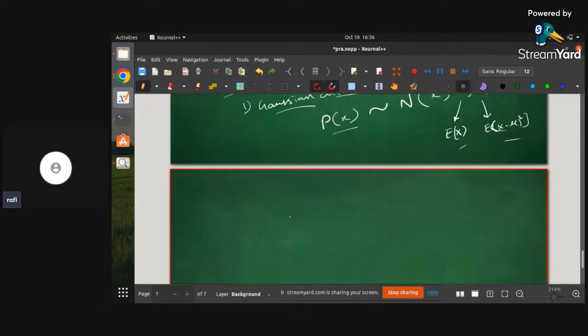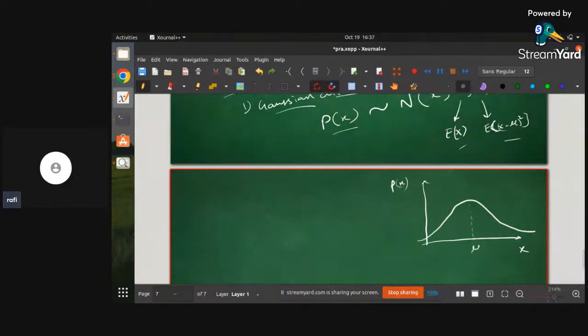So these are the first order and second order statistics of the random variable. And when we see the plot of any Gaussian distribution, we have the center of the curve. The curve is symmetric about its mean mu. So this is the mean of the distribution, and about the mean, the distribution is symmetric.